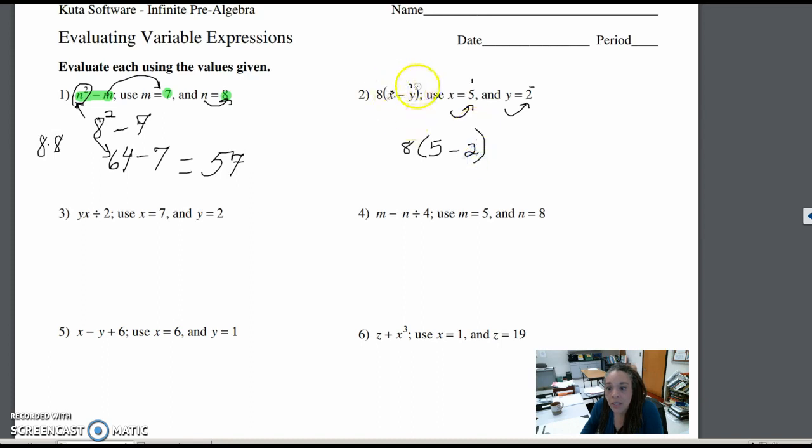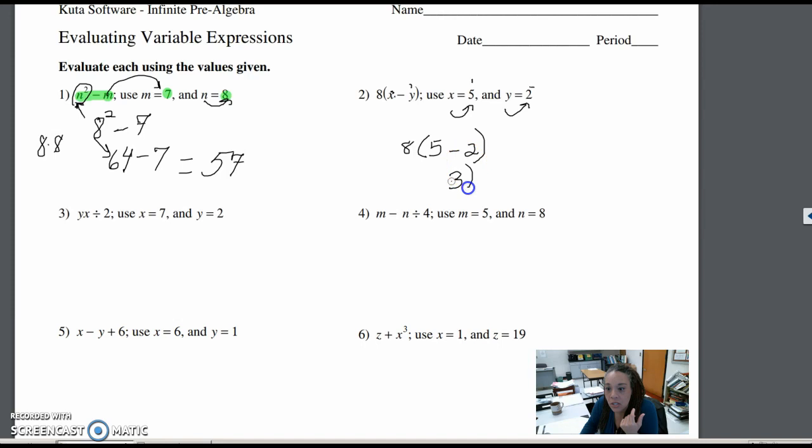So although it looks like distributive property, going back to my order of operations, I'm going to do what's in parentheses first. In distributive property, you couldn't combine what was in parentheses first. There was nothing combinable in our previous video. However, in this video, we can combine 5 minus 2. Those are both constant terms. They're just a number.